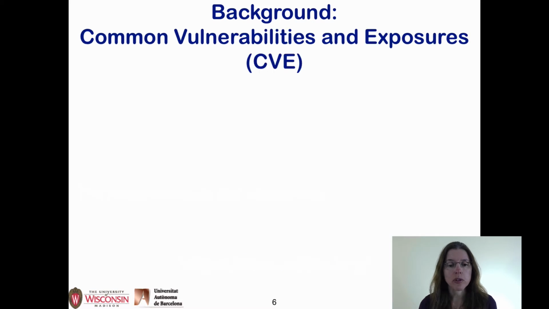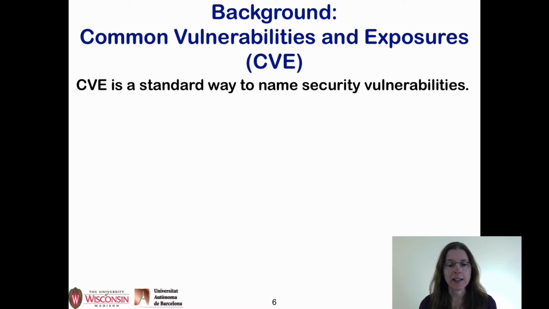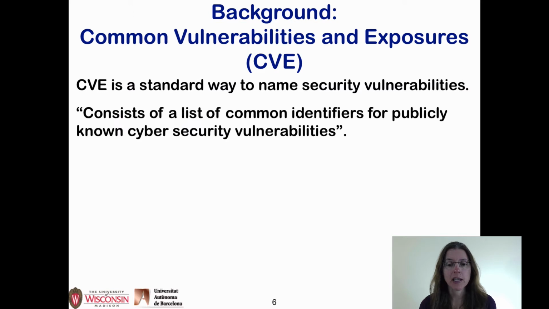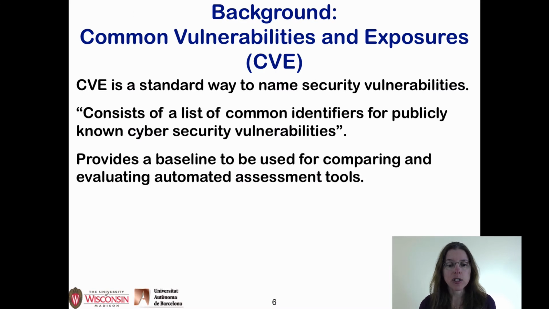Don't confuse CWE with CVE. The CVE, the Common Vulnerabilities and Exposures, was also developed by MITRE. It's a standard way to name specific security vulnerabilities that have been found in existing software. It consists of a list of identifiers for publicly known and reported security vulnerabilities.